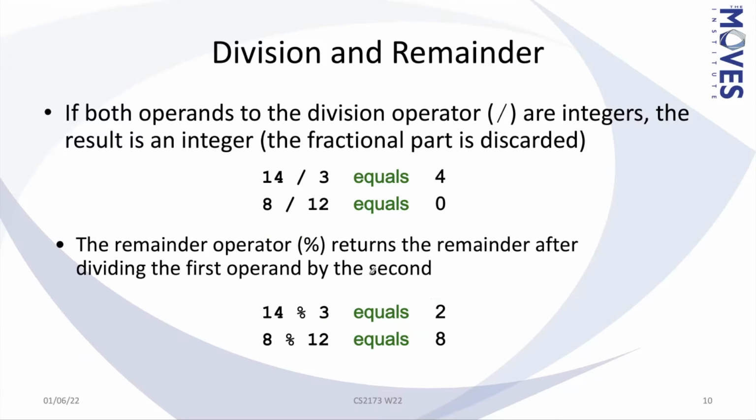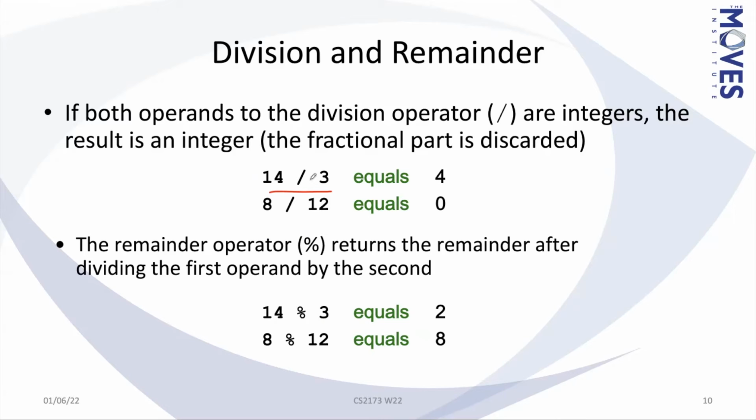Let's look at this. 14 over 3 in the previous languages, you would get 4.6666 something. But remember that if you have an operation that consists of two integers, the result is an integer.